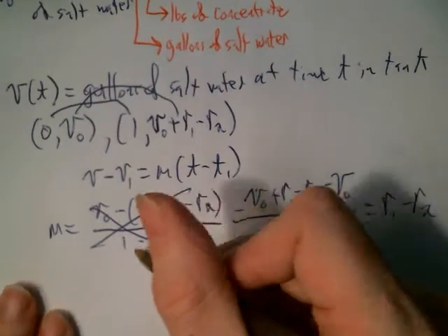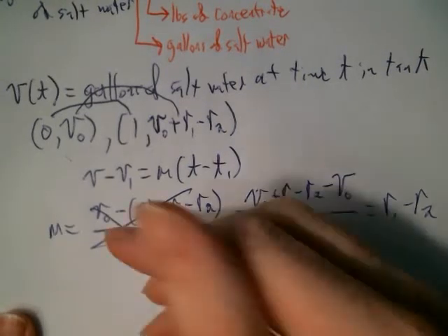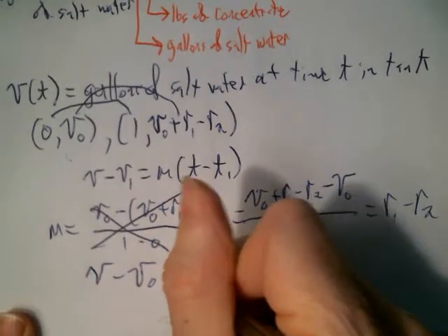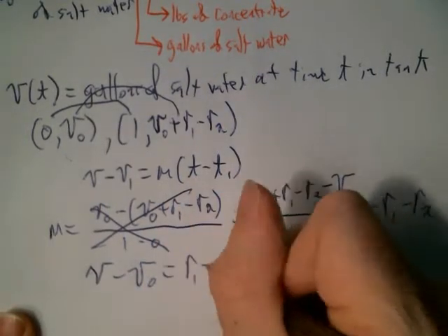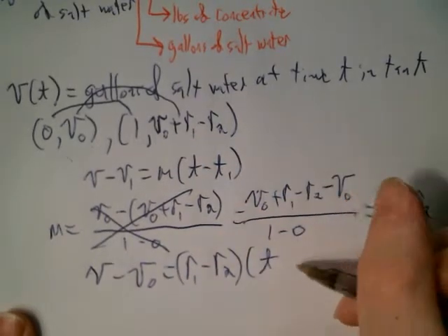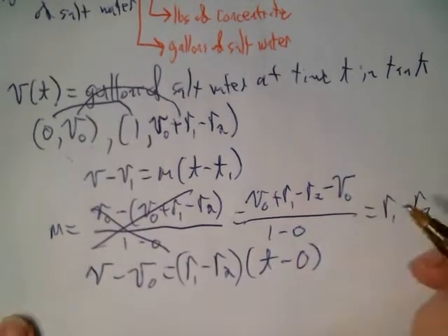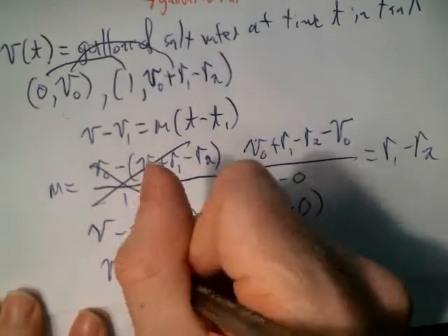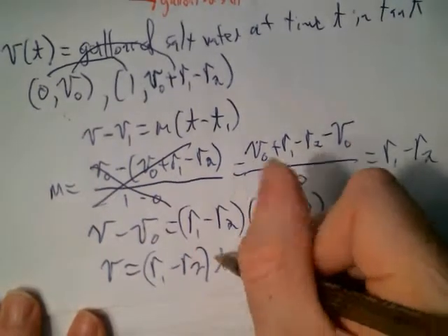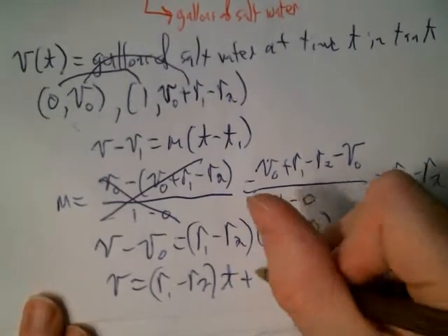Plugging this point and this slope into the formula, you get V minus V sub 0 equals R1 minus R2 times T minus 0. That gives V equals R1 minus R2 times T, plus V sub 0.